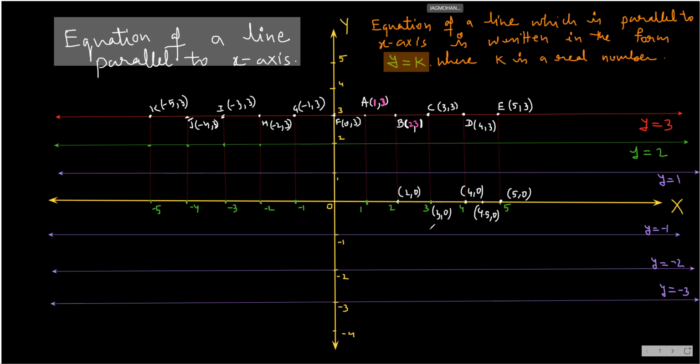Every point will have y coordinate 0. So y equals 0 is the identity of x-axis. If I say y equals 0, it can never be anywhere except the x-axis. If I say a point has y coordinate 0, you know what it is? It is x-axis. So we have written this also. I hope you understood the equation of lines parallel to x-axis.